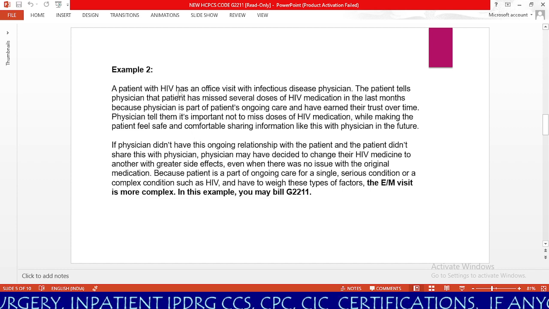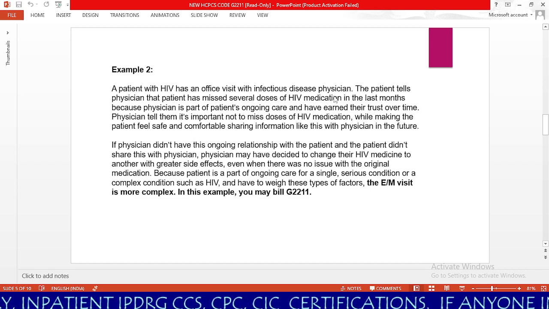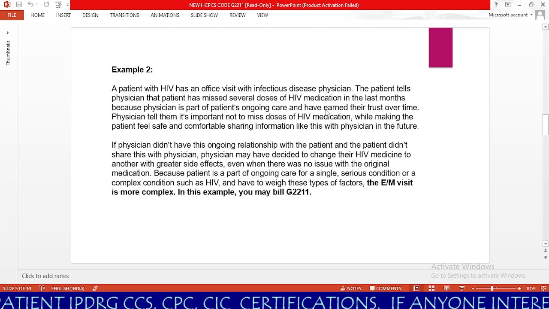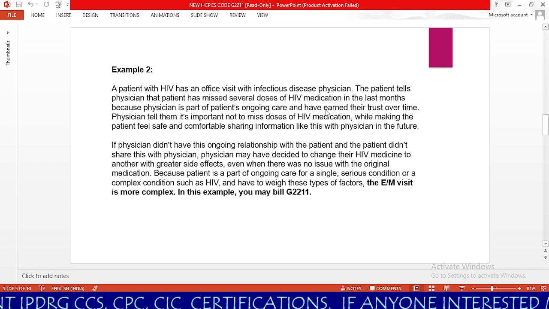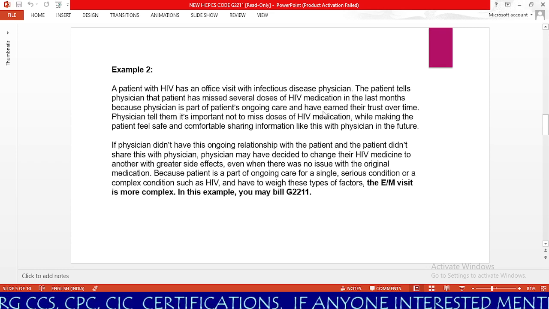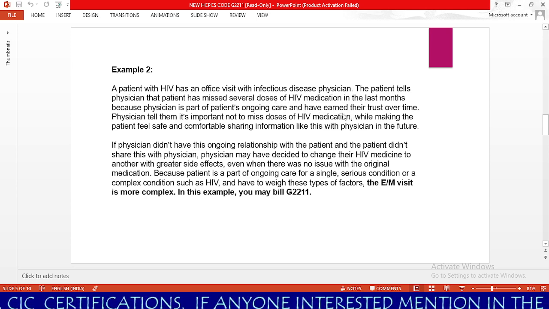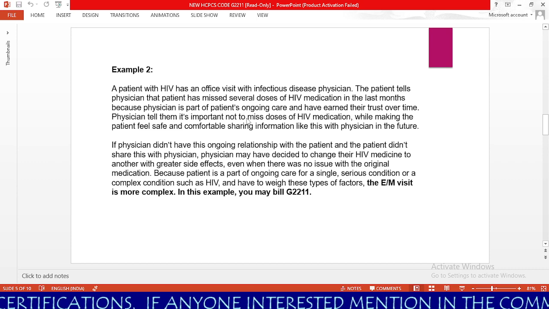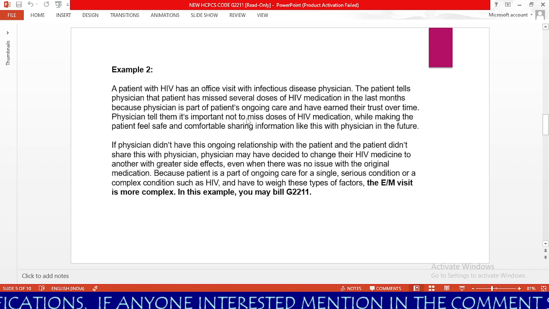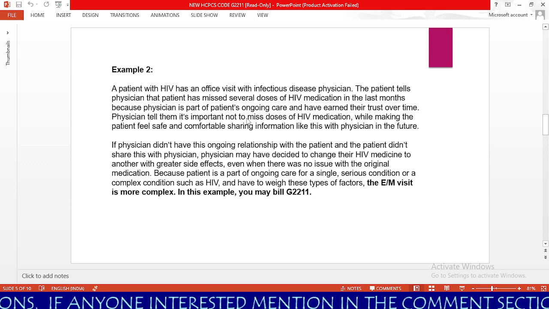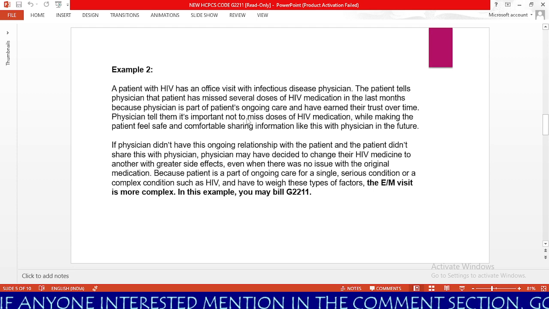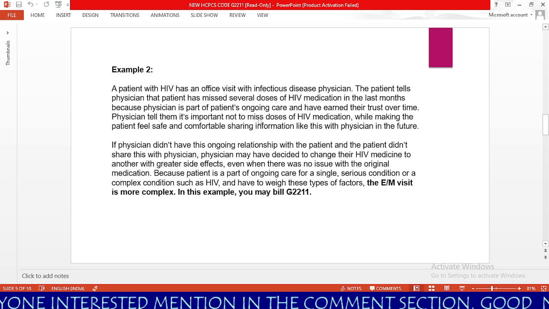A patient with HIV. Here the patient has HIV and visits an infectious disease physician. The patient tells the physician that he missed several doses of HIV medication in the last month. Here this physician is providing ongoing care to the patient, so the patient tells the physician about these missed doses.